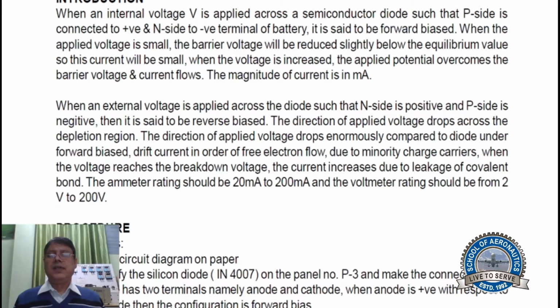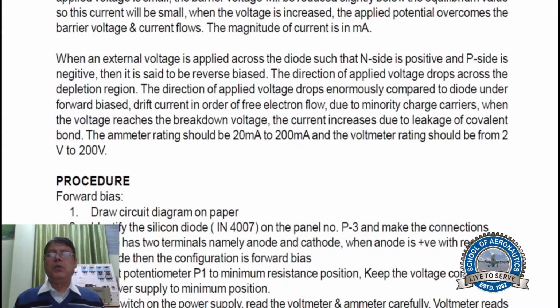When the voltage reaches the breakdown voltage, the current increases due to breaking of covalent bonds. The ammeter reading should be 20 milliampere to 200 milliampere and the voltmeter reading should be from 2 volt to 200 volt.